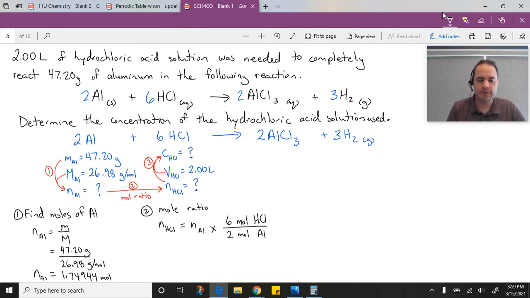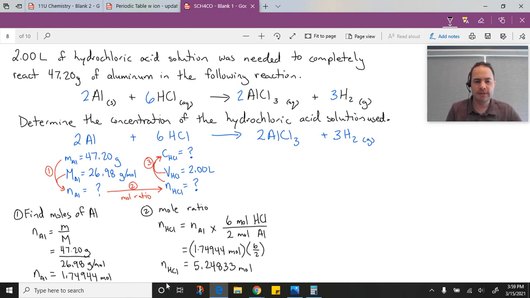Aluminum's on the bottom because we know information about the aluminum. This will cancel it out in our ratio when we do the math. All right, so 1.74944 moles of aluminum, and we're going to multiply that by 6 over 2, which is essentially just 3. And we get 5.24833 moles. All right, so that's our moles of HCl.